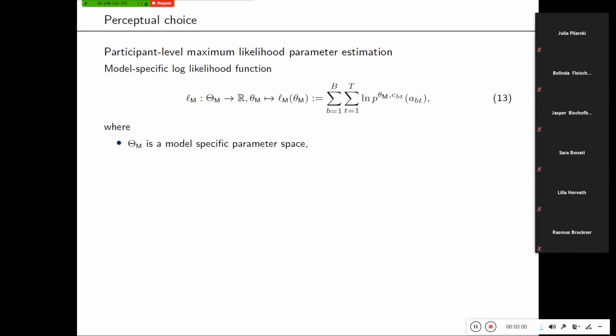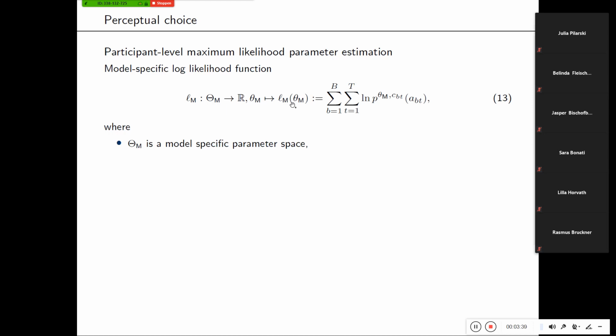Good. So what we then always need to do first is to actually formulate and implement the log likelihood function, so the probability of our observed data under a given model. And I formulated this here in a general case where we have a parameter space for our model M. And from the models that I've shown you, the zero model, the control model, doesn't have a parameter space, or the parameter space is fixed at 0.5.